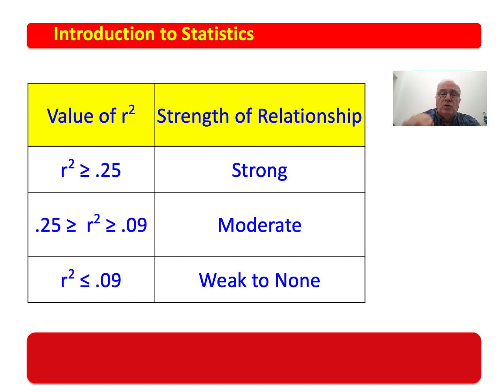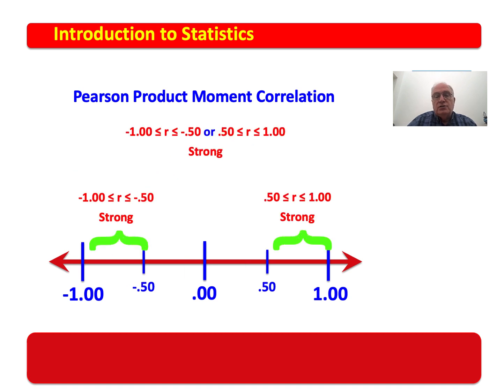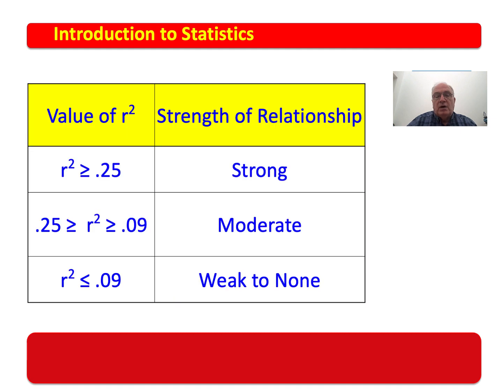It assumes that the variables are normally distributed, which means that we have to look at skewness and kurtosis to establish that they're approximately normal. And then once we get that, if it is positive, it's a positive correlation. If it comes as a negative, it's a negative correlation. And then we can judge the strength of the correlation using the scales that were represented. So we can look at moderate, strong, or weak to none as far as correlation.